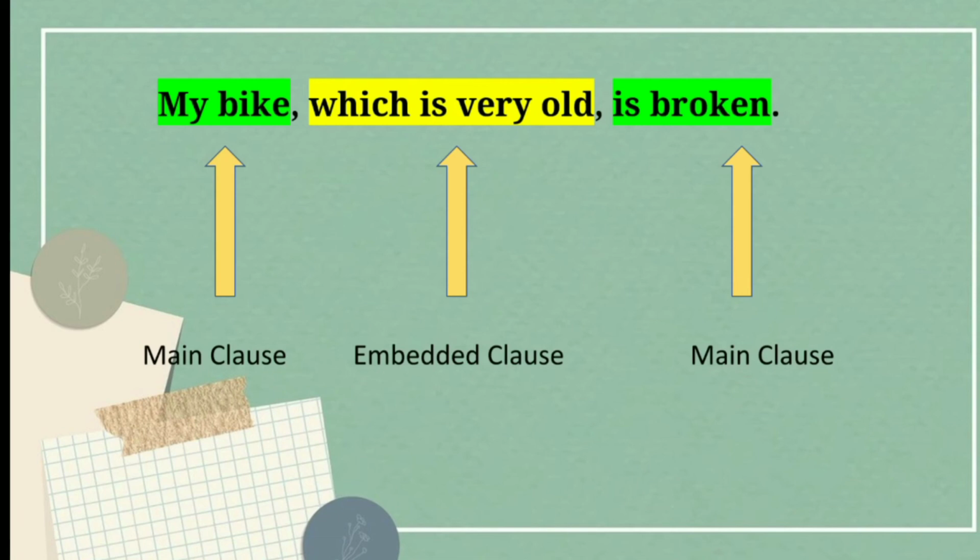But when we add the embedded clause, it adds more information and it enhances the subject. My bike, which is very old, is broken. So that is embedding. Now let's have more examples that will be explained by the next reporter.